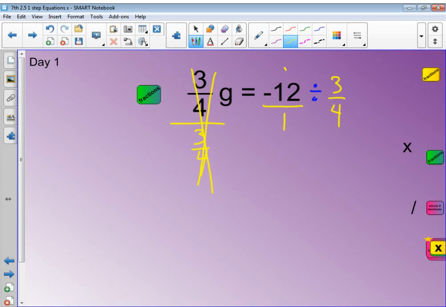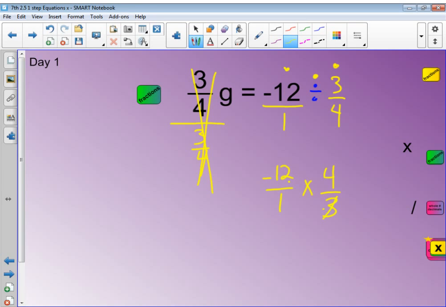Okay, so we'll change this to over 1. And we're going to keep negative 12 over 1. We're going to change to multiplying, and we're going to flip. So it's now 4 over 3. Okay, so we're going to see if we can cross cancel. So here I can see between 12 and 3 that 3 would go into each of those.